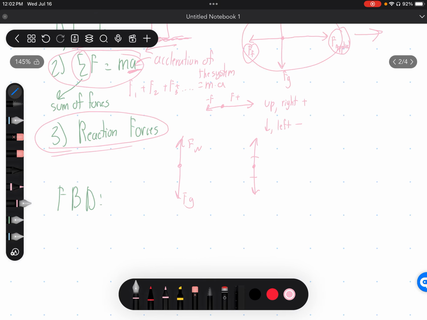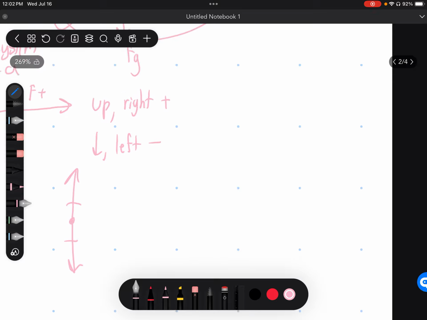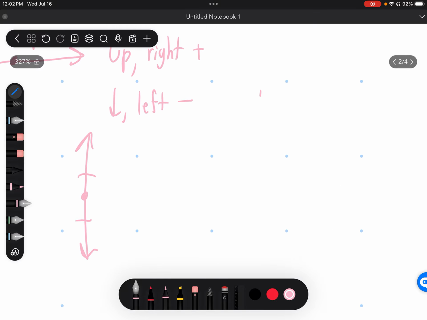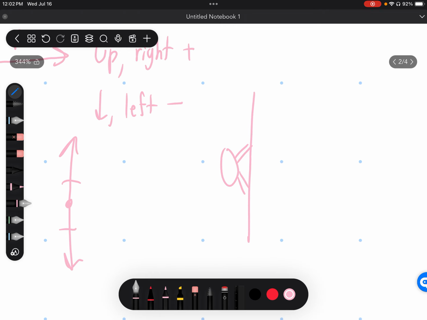They like to test this idea not on FRQs, but on MCQs. When I took the AP exam myself, a very similar question was: when a ladybug was walking up a wall, what are the reaction forces acting on that ladybug? So just pretend that this is a ladybug, a very beautiful ladybug. When the ladybug pushes down on the wall, that's one reaction force already.